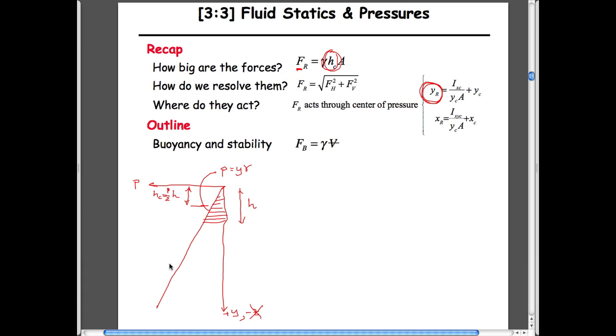But the point at which it acts, if this intersects the surface, the magnitude of this is Fr. And we know that the depth at which this force acts, which is yr, which I can't really draw in here very well, but let's draw it over here, is equal to 2/3 of the height.